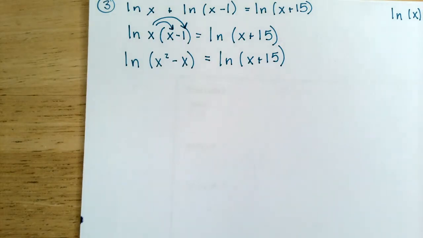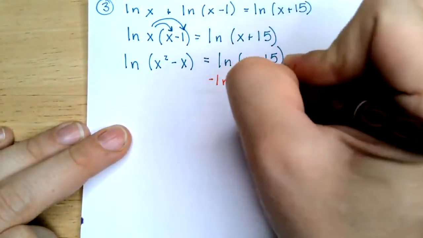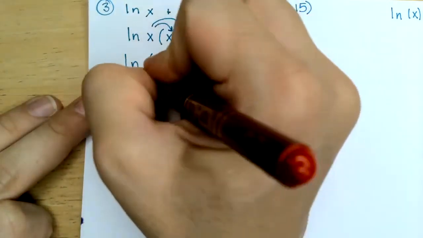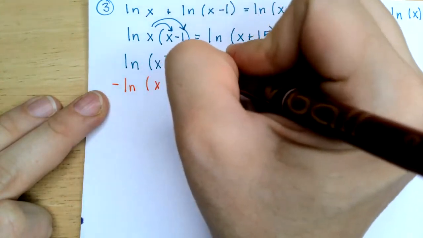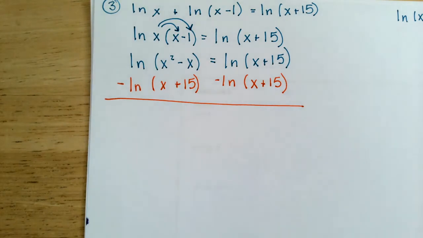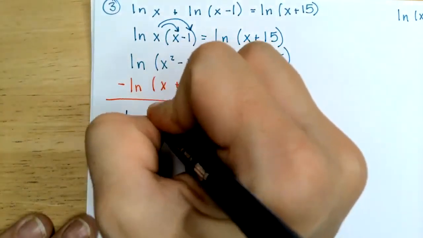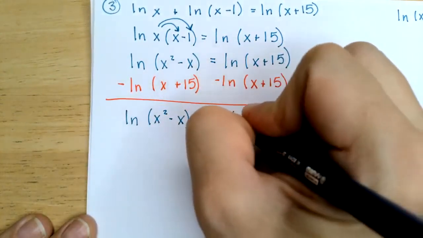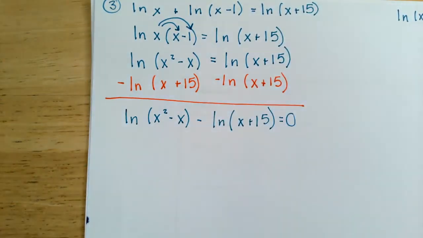So what I'm going to do is subtract this from both sides. And what I will get is the natural log of x squared minus x minus the natural log of x plus 15 equals 0.